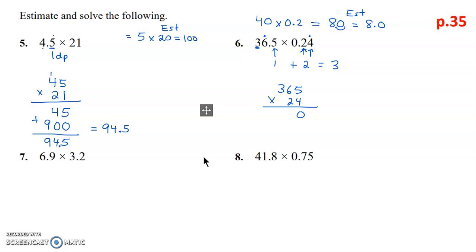We multiply, we get 20, 24, 26, 12 and 2 is 14, and in my second row, put my 0, 2 times 5 is 10, 6 times 2 is 12 and 1 is 13, and 2 times 3 is 6 and 1 is 7. I add them up, and because I have 3 decimal places in my answer, I move 1, 2, 3 decimal places. 8.76 is my answer.